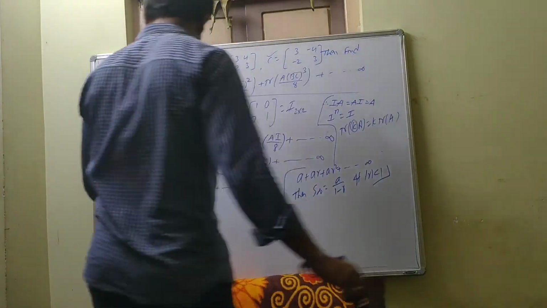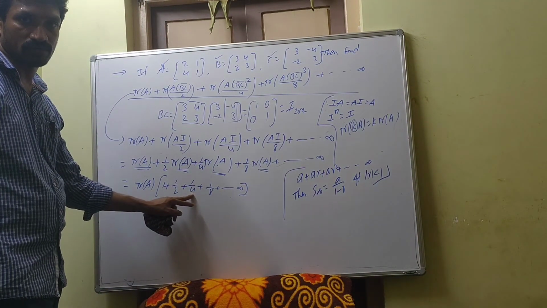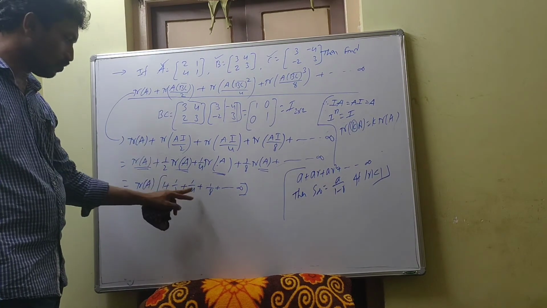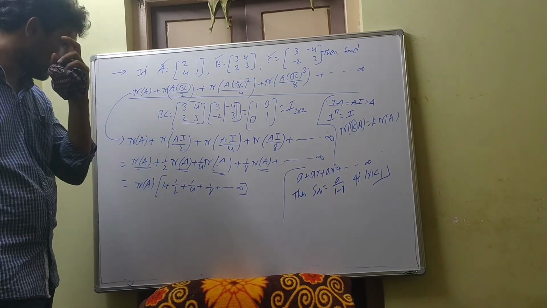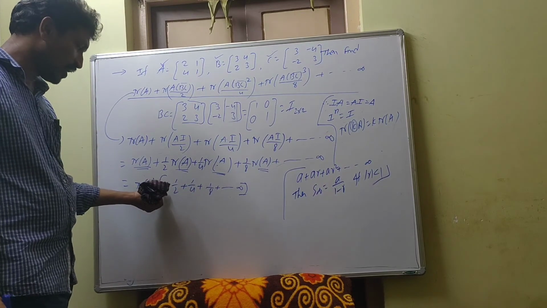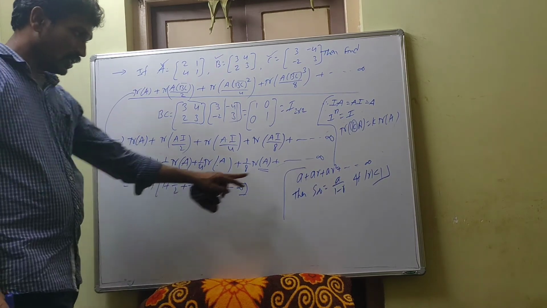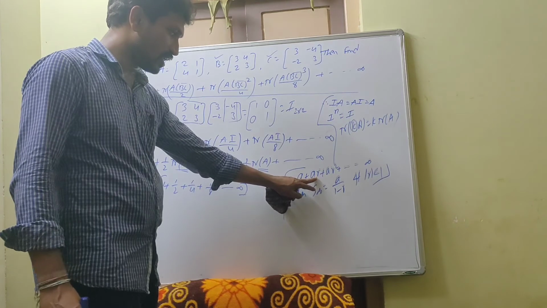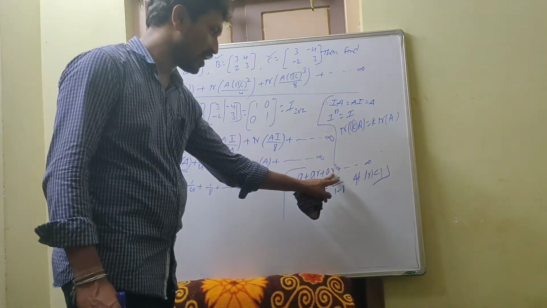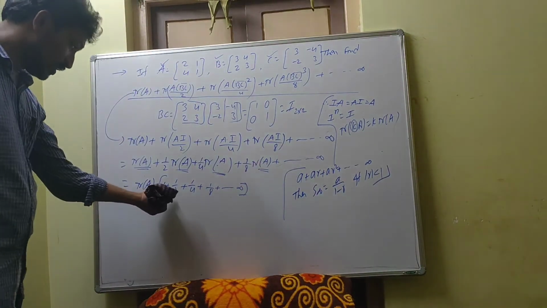Here A means 1. R means 1 by 2. Remember. A means 1, that means 1 by 2 by 1, 1 by 4 by 1 by 2, 1 by 8 by 1 by 4. Can you take A as 1? Here common ratio means AR by A, AR square by AR, AR cube by AR square, R you get. So then only we can say that it is in GP. So is it in GP or not?